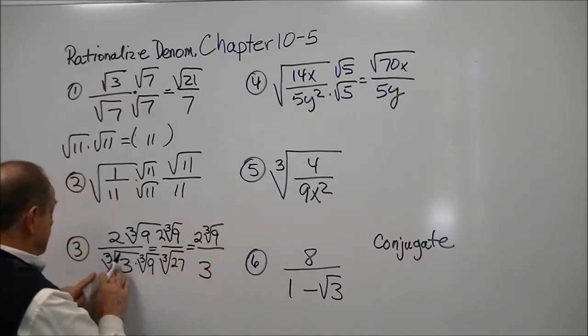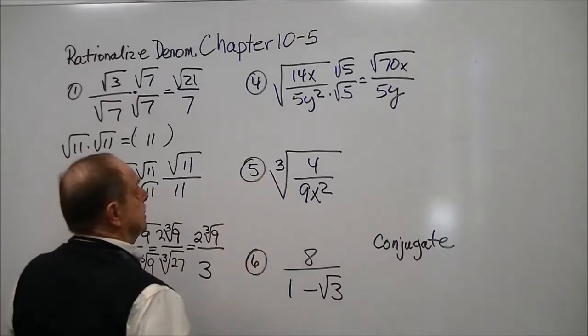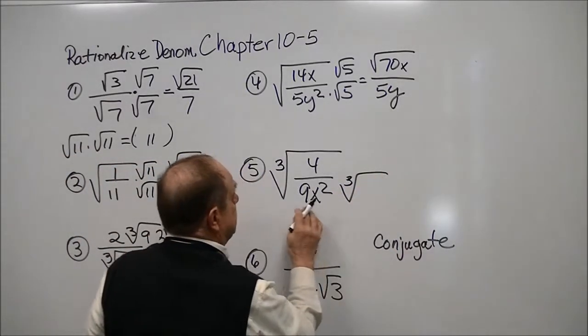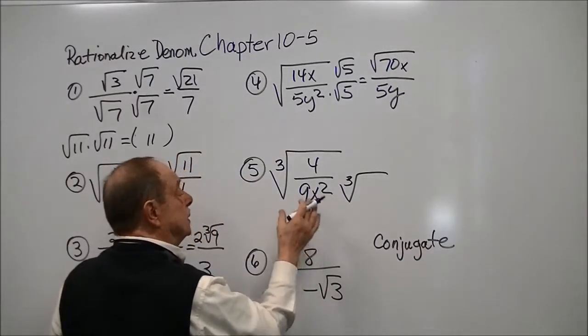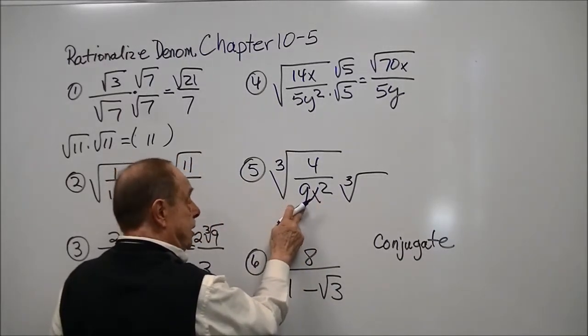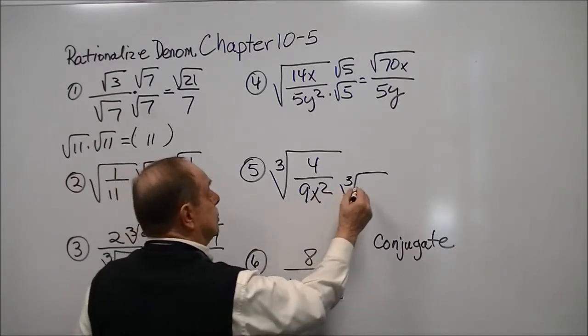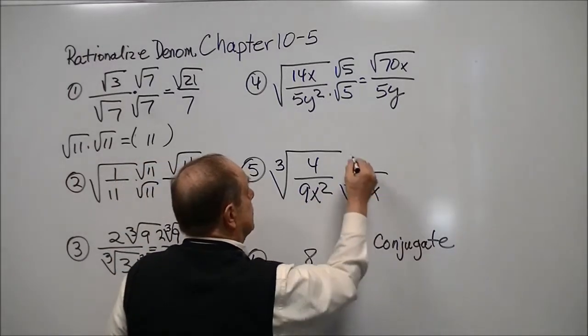Number 5 is a little twist on this one where our index number is 3. So we're looking to multiply this by something to make it a perfect cube. Well, it's already at 9. So 3 times 3, we need one more 3 and one more x.